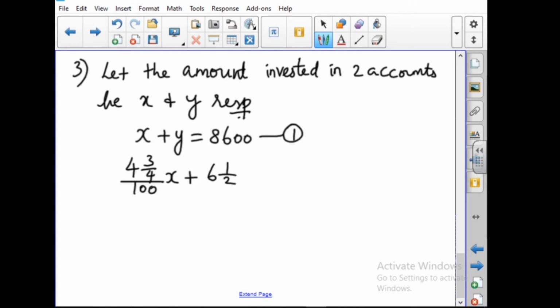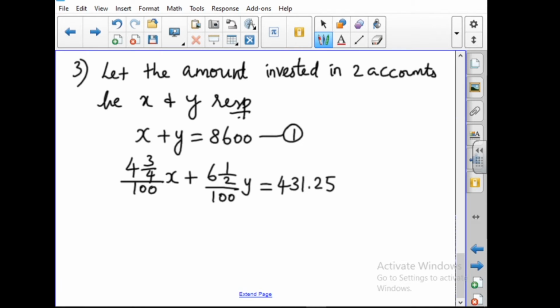So 6 1/2 divided by 100 of Y amount is equal to the interest, 431.25. So the annual income is 431.25. How much was invested in each account?